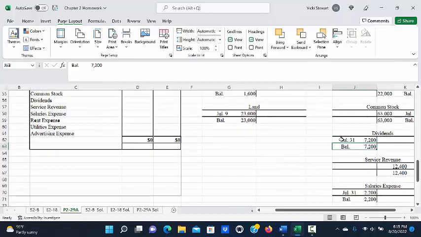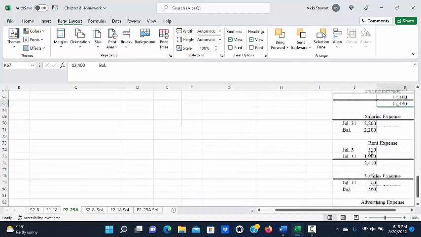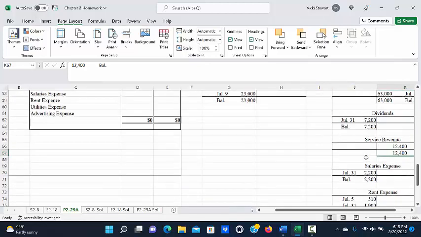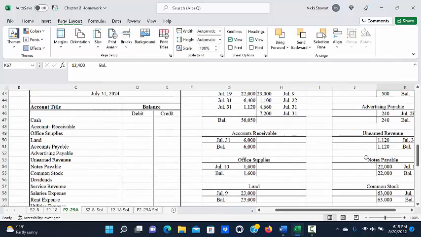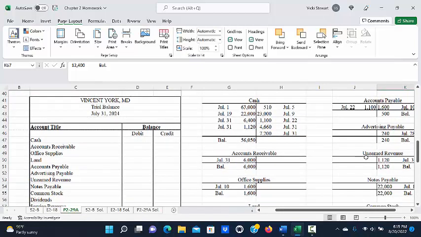Dividends should always have a debit balance, service revenue a credit balance, and all of your expenses should have debit balances. So that's one way to check if you may have posted something on the wrong side. Otherwise, it's going to be something you either put the number in wrong, like you didn't put 1600, you put 1500, or you posted it to the entirely wrong account, like you might have put accounts payable and advertising payable or something like that.